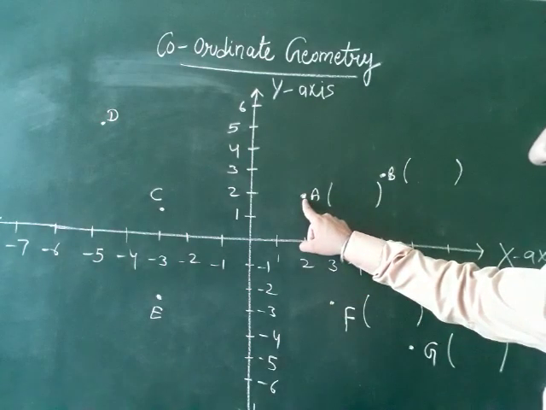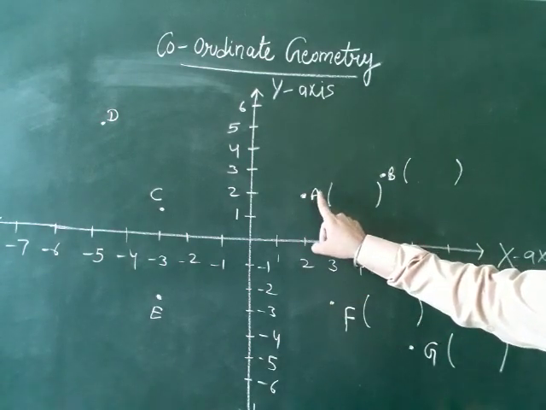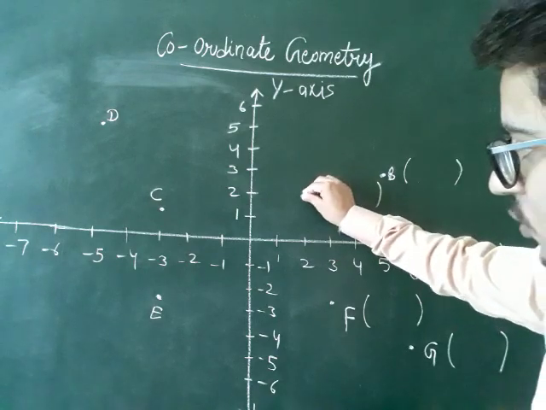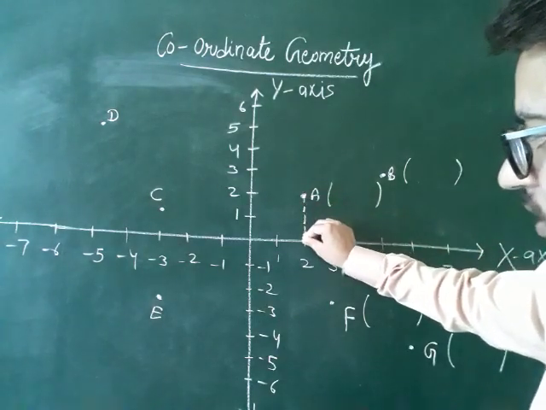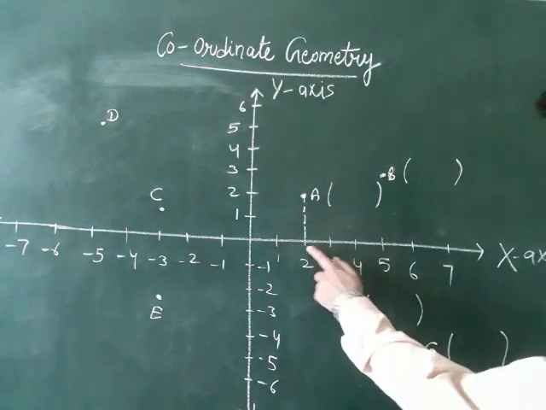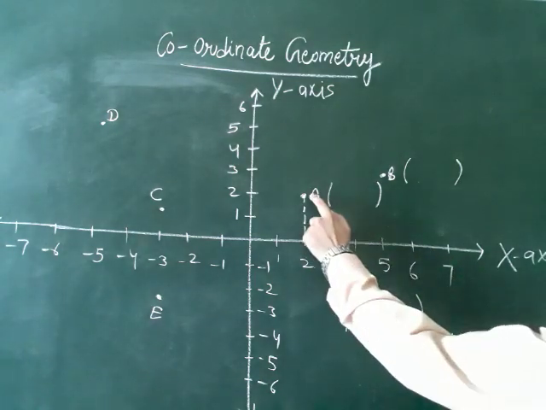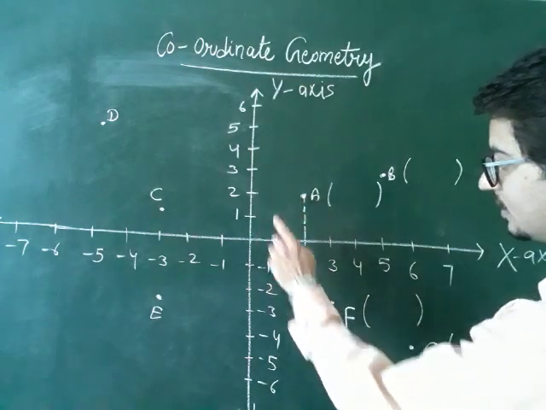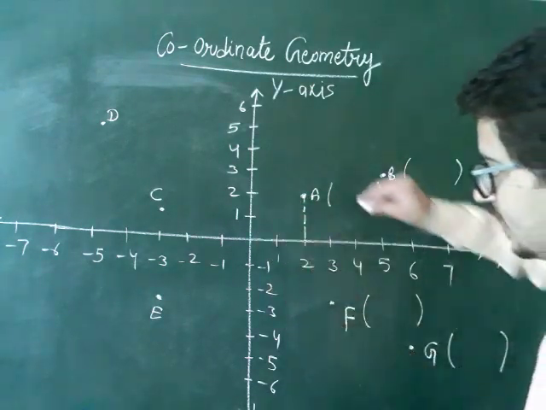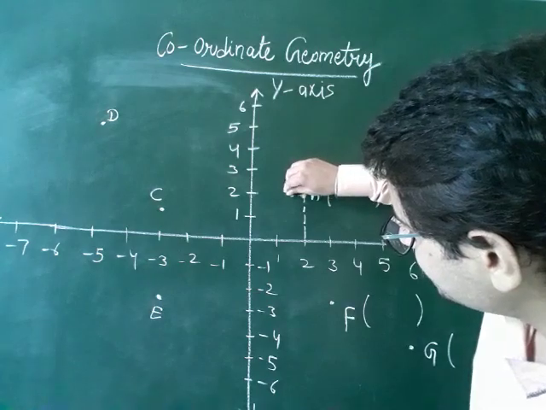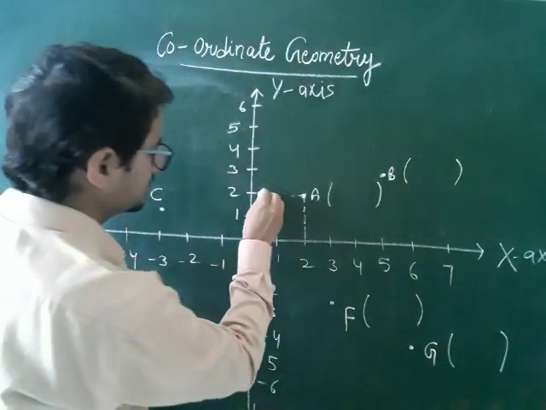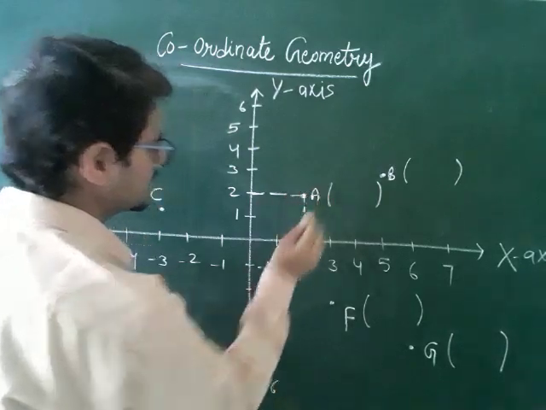Yes, if you want to find out the coordinates of point A, then from this point you have to draw one horizontal line which will intersect x-axis, and from point A you have to draw horizontal line parallel to x-axis and which will intersect y-axis like this.